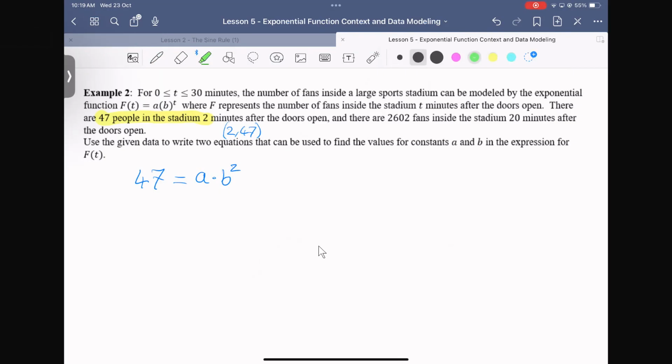We have another coordinate point there, 20, 2602. So that gives us the equation 2602 is equal to A times B to the 20. I think that's all the question is asking us to do.